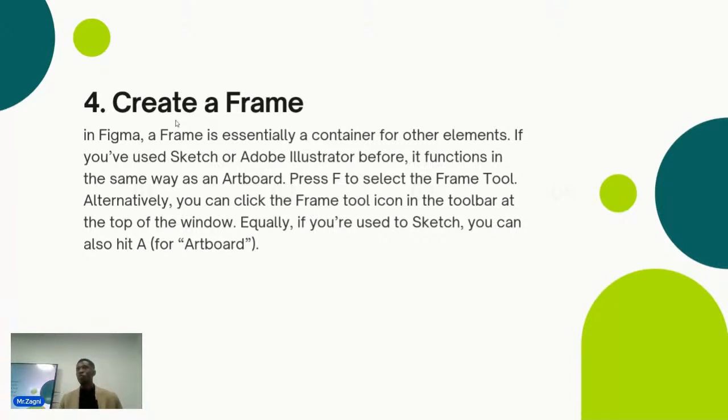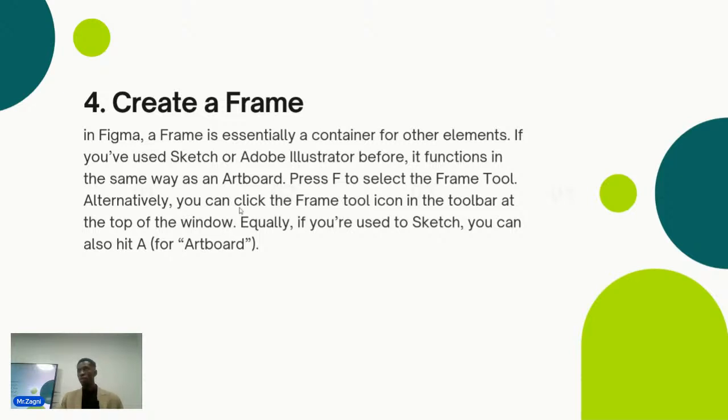So that's right. Hit A for artboard. You've already created it. When you press F to select the frame tool, alternatively you can click on the frame tool, which is in the tools below.